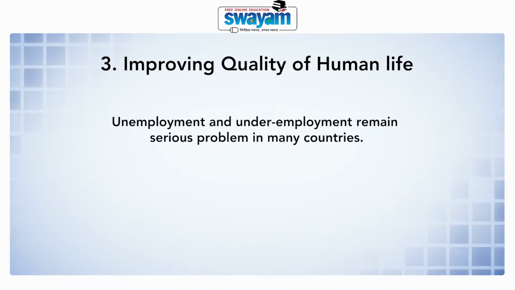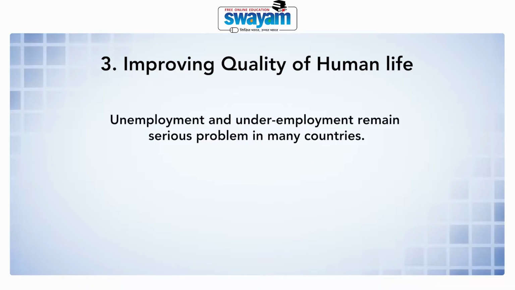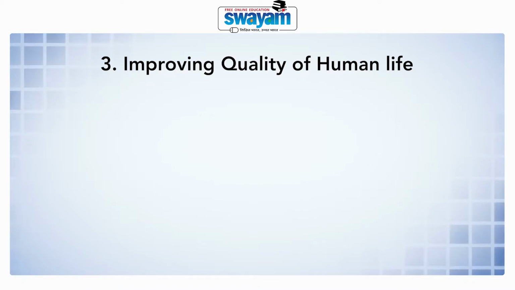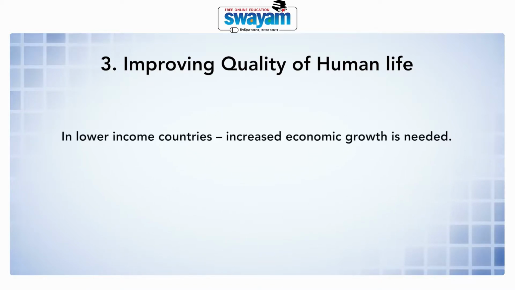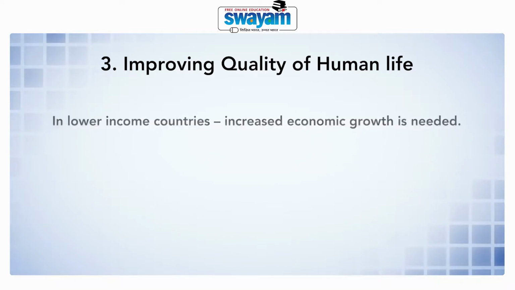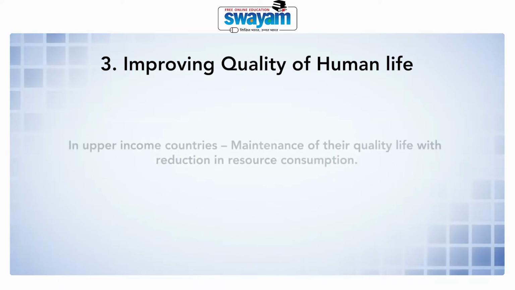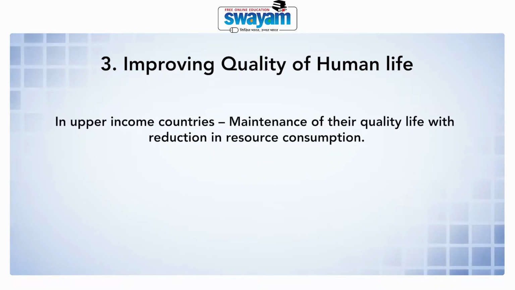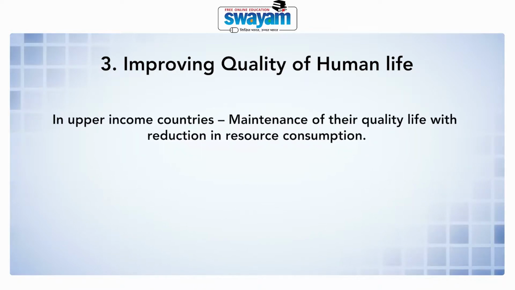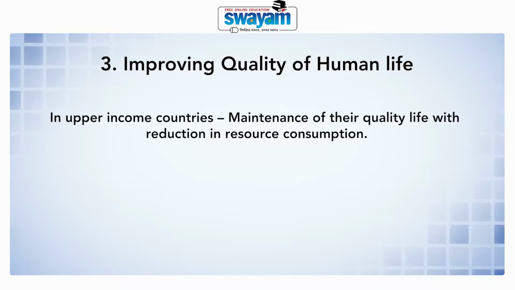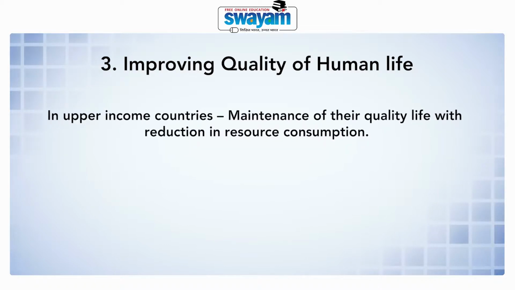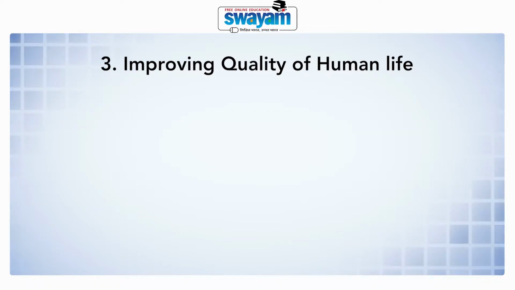Unemployment and underemployment remain serious problems in many countries. In lower income countries, increased economic growth is needed. In upper income countries, maintenance of their quality of life with reduction in resource consumption. The north-south divide, we will talk about it in the next module in great detail.